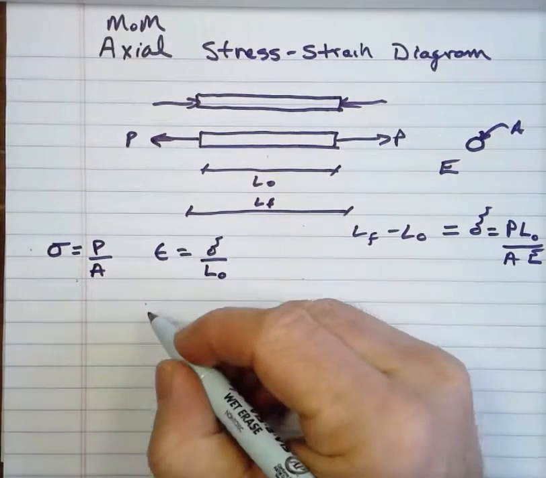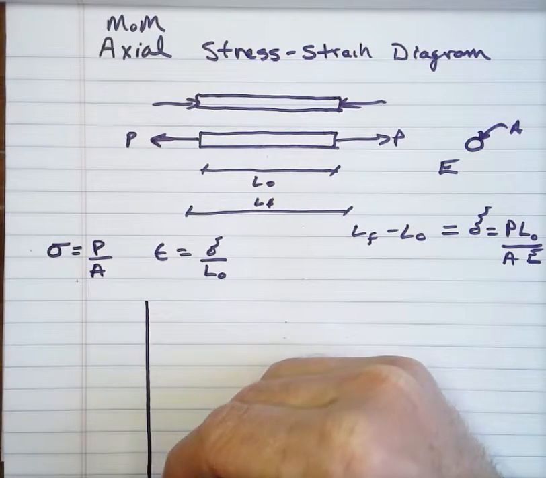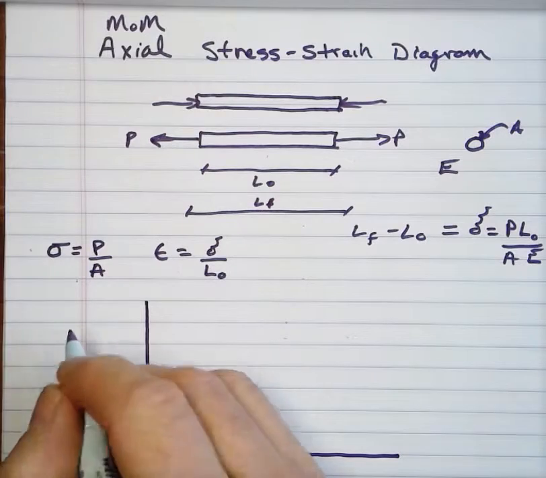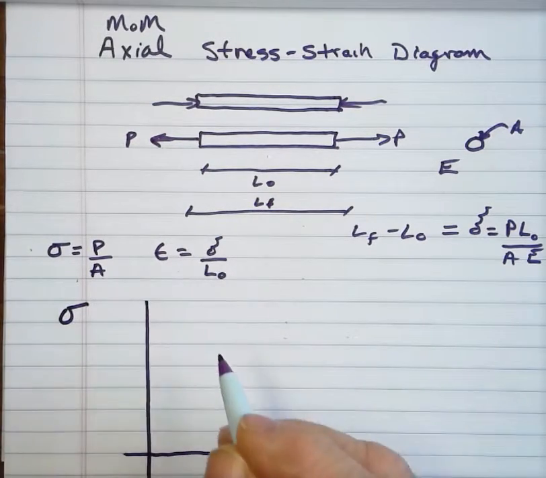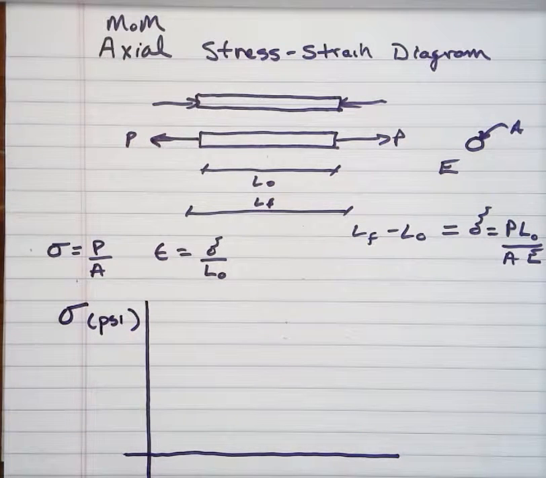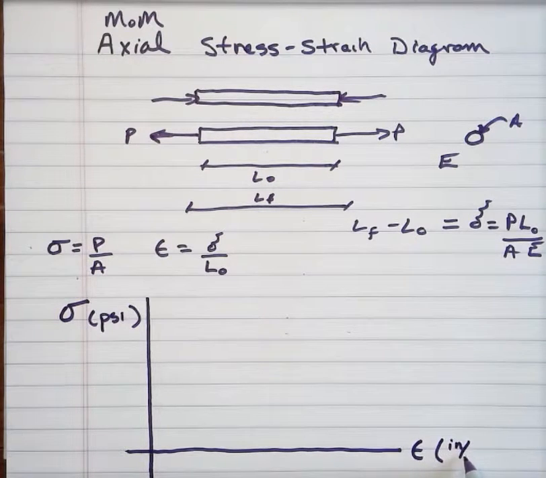So now we're going to plot for a given material stress versus strain. Stress on the vertical axis in units of psi, strain on the horizontal axis with units of inches per inch.